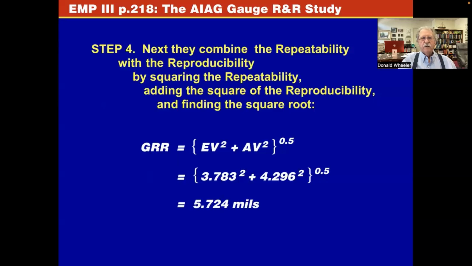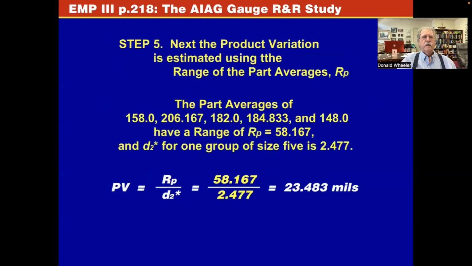Next, they combine the repeatability with the reproducibility, by squaring the repeatability, adding the square of the reproducibility, and finding the square root, 5.7 mils. Step 5, the product variation is estimated using the range of part averages.